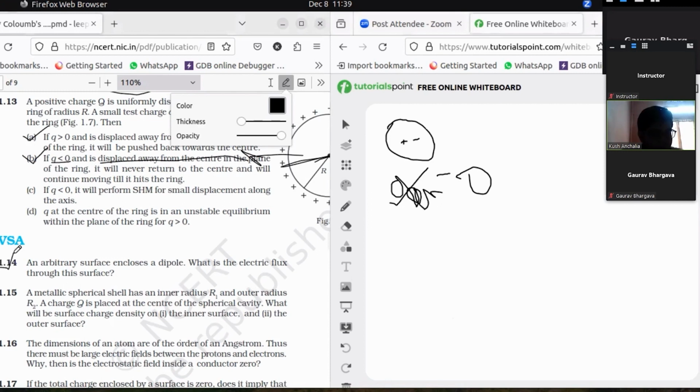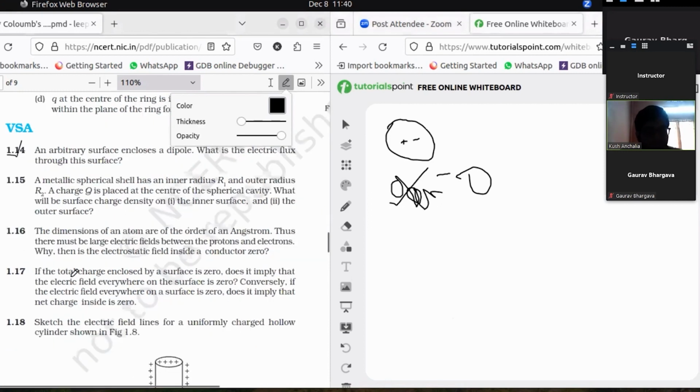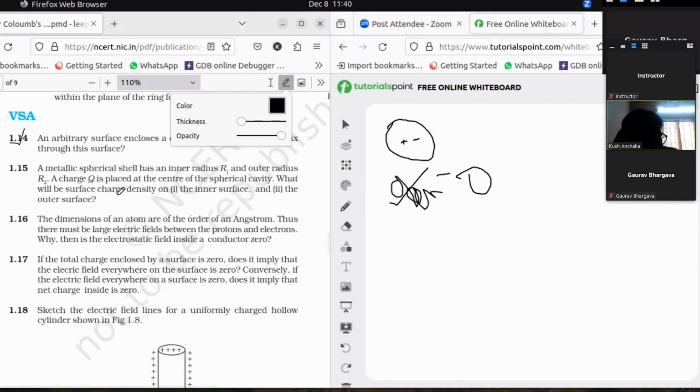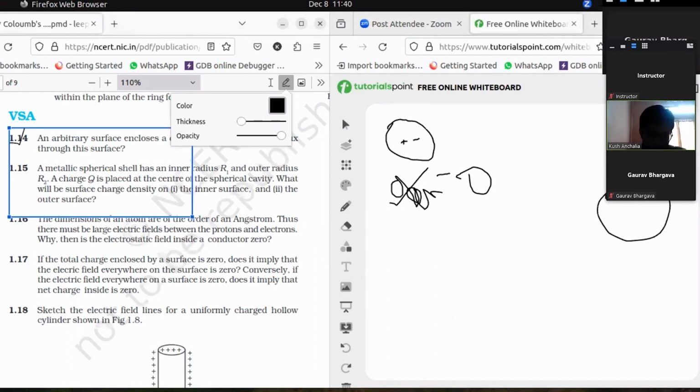And the next is the metallic spherical shell. It has an inner radius R1 and outer radius R2. A charge is placed in the center of the spherical cavity. What is the surface charge density on the inner surface? Very easy. Surface density is electric charge divided by area. E is kq by r square.